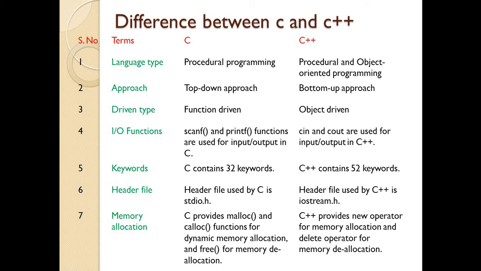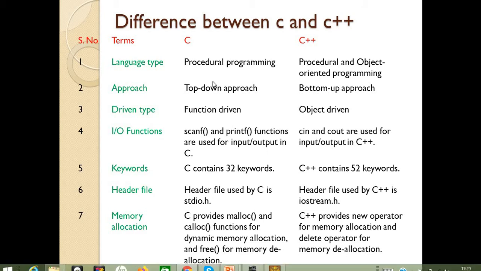So that is why we are saying it follows top-down approach. Whereas in C++, the main program may be at the bottom of the program, right? So from where we used to go for the functions. So in the beginning itself, we will be defining the class and all the functions will be defined maximum, right? So we used to say that C++ follows bottom-up approach.